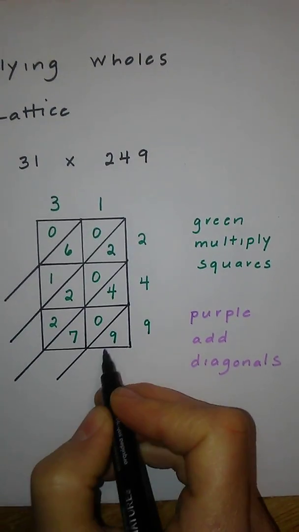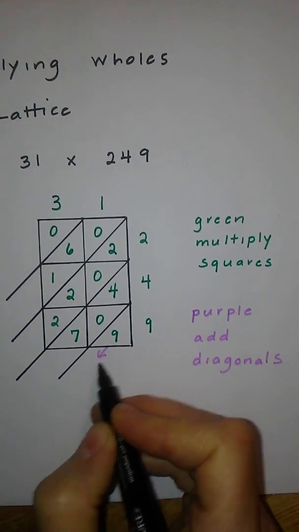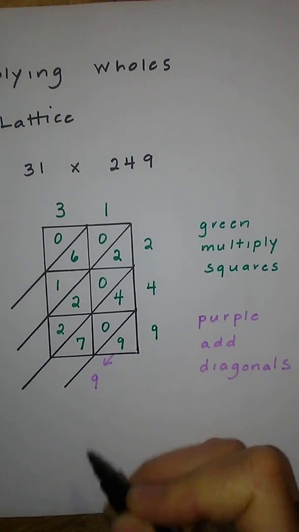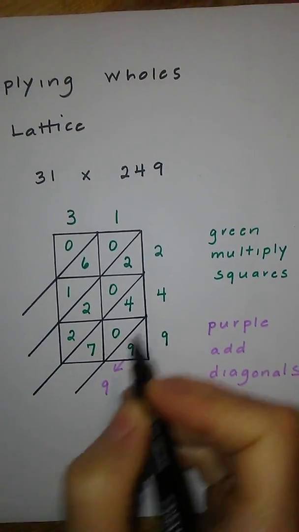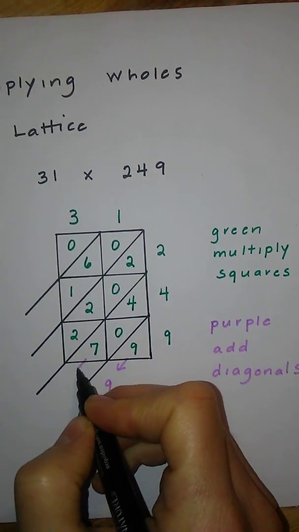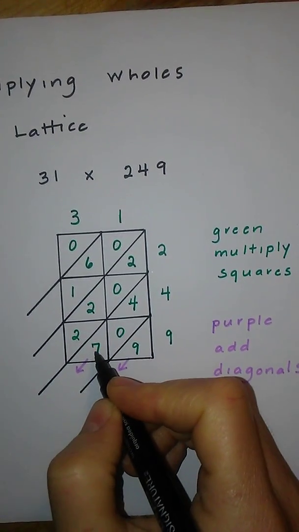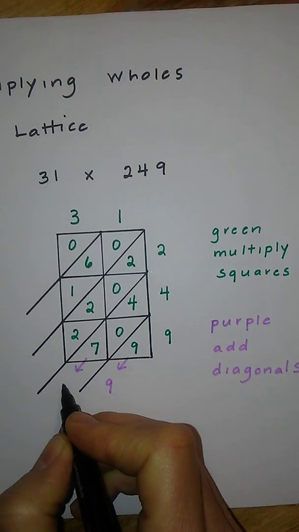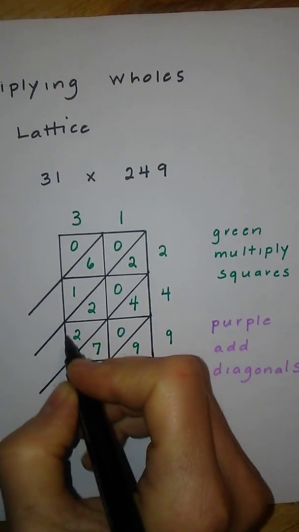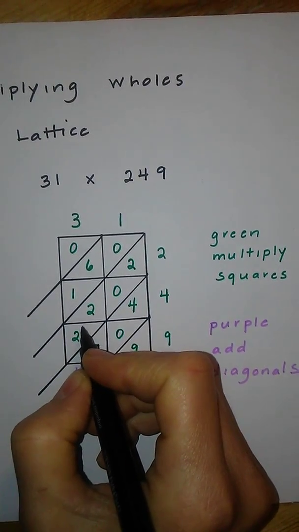So in this diagonal section, the only thing I have is 9, so I'm going to write the 9. This diagonal section, when I add 4 plus 0 is 4, and 7 makes 11. I'm going to write the 1 here and carry the 1 here.